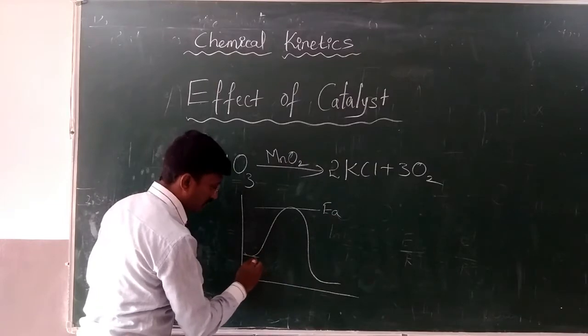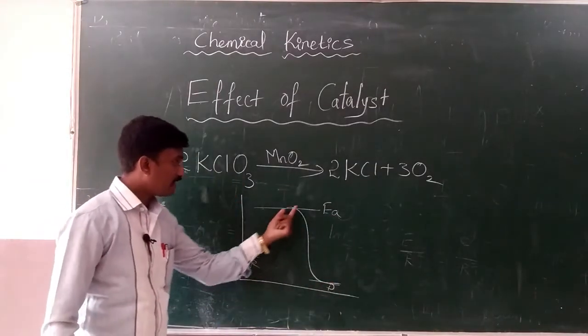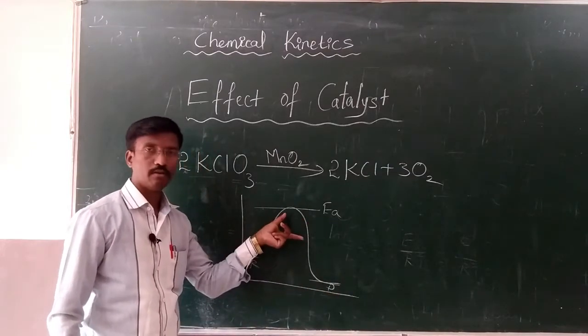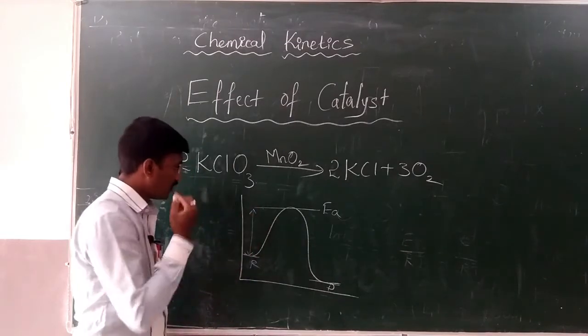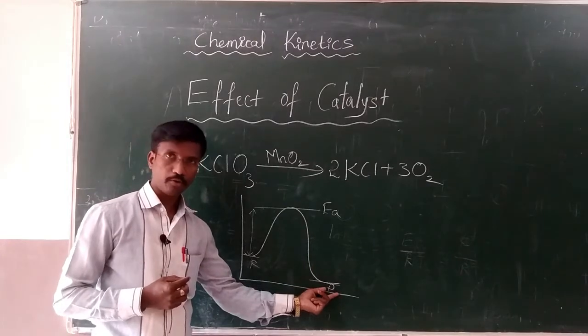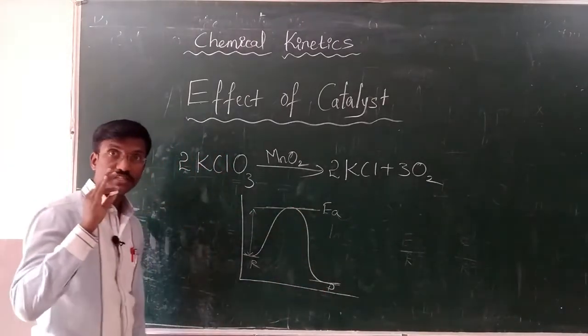So these are the reactant and this is the product. To make a reactant into activated molecules, we need some amount of energy. That minimum energy is called the threshold energy. After getting the threshold energy, the reactants react with each other to form a product. This amount of energy is compulsorily required.